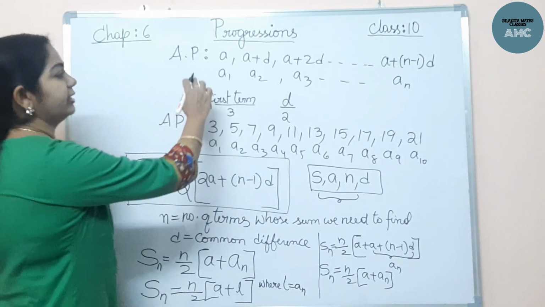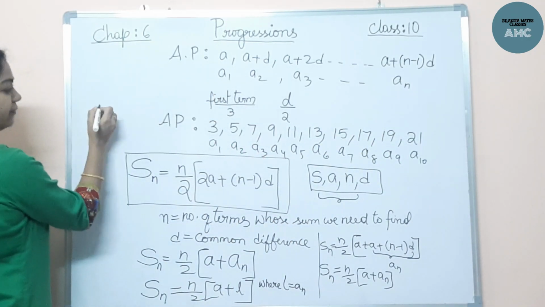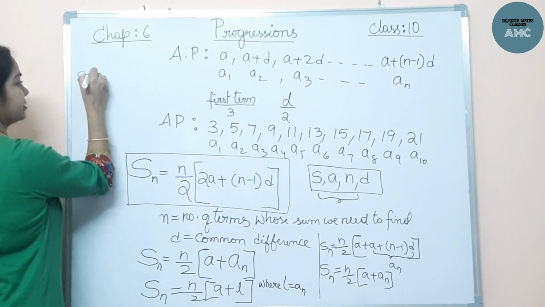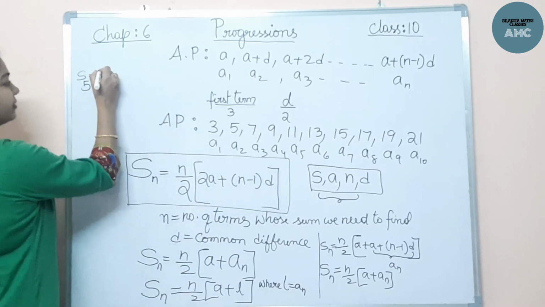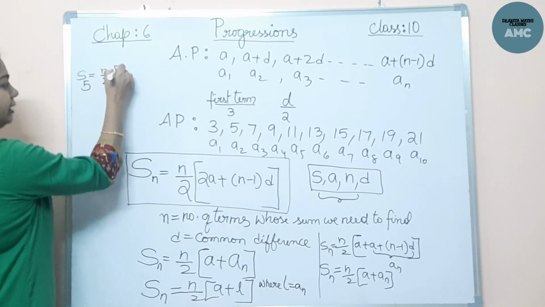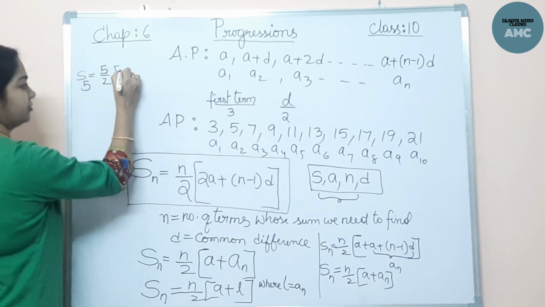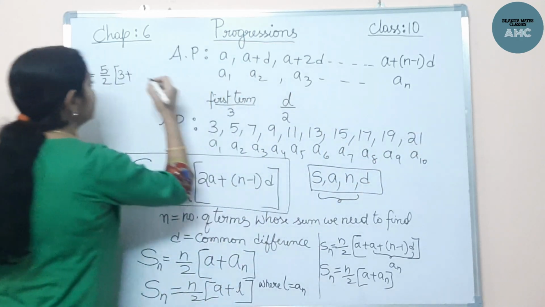Just let me explain to you. In this series, I want the sum of 5 terms, S5, right? Then if you apply this formula, n by 2, n is here 5 by 2, A is the first term 3 plus the last term. Now in this series the last term is 21.